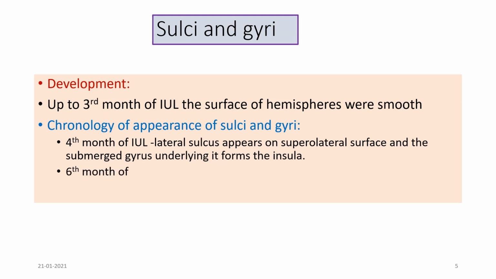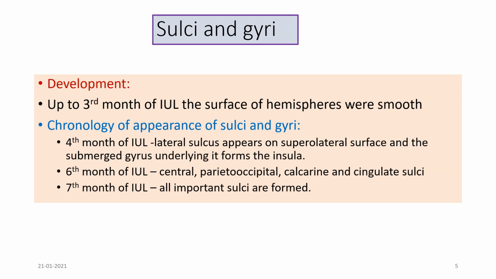During the sixth month of intrauterine life, the central sulcus, which separates the motor and sensory areas, then the parieto-occipital sulcus, the calcarine sulcus and the cingulate sulcus will appear. During the seventh month of intrauterine life, all important sulci will be formed.